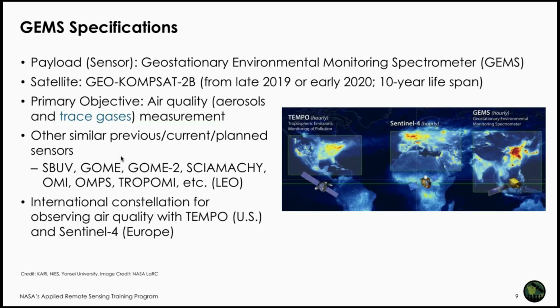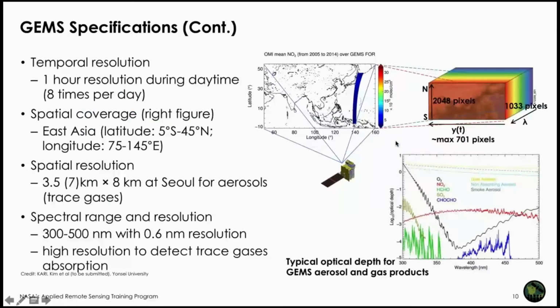But there are also other geostationary air quality satellites like TEMPO over the USA and Sentinel-4 over Europe. So this international constellation for observing air quality is now being planned.